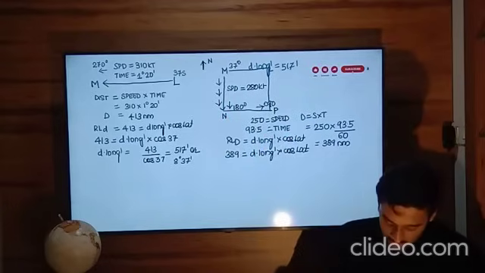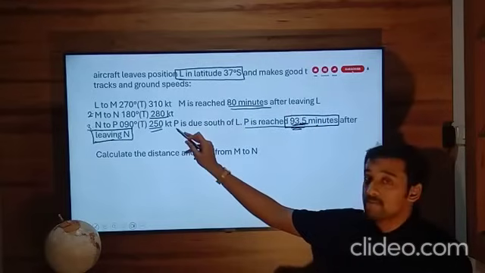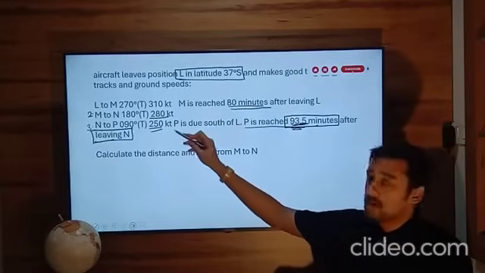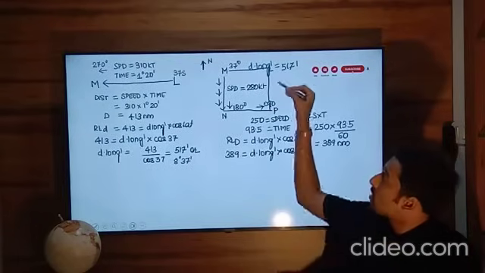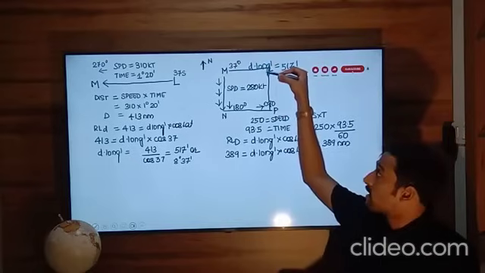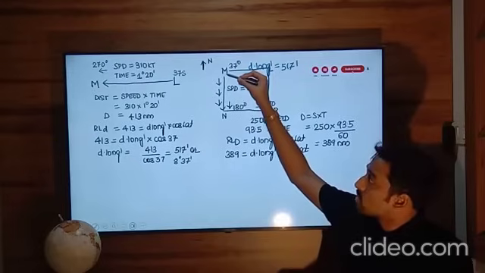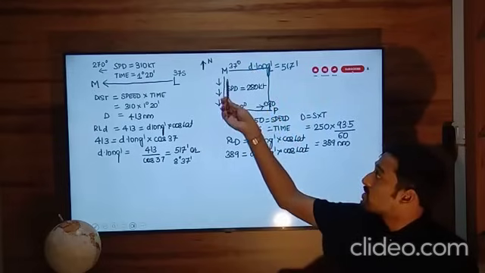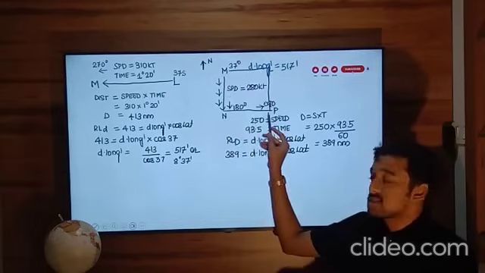Because it's given clearly in the question that point P, which is Papa, is due south of L. So directly to the south of L is P. So the longitude of L is the same longitude for P. Longitude of November is the same longitude for M. So both the D long between them will be equal to D long between these two values.